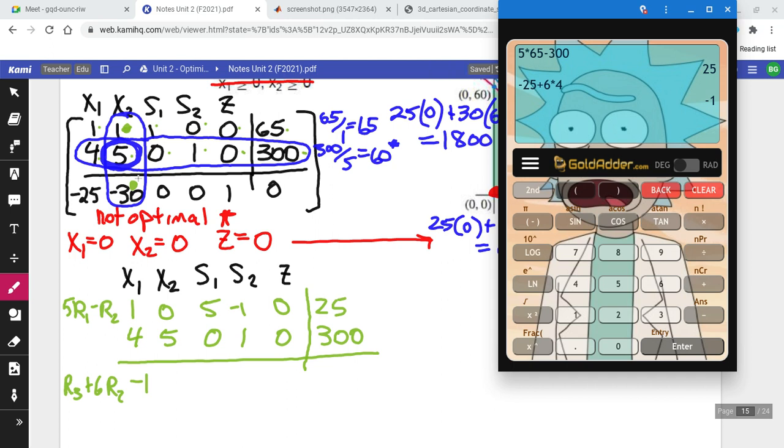And negative 30 plus 6 5s is 0. 0 plus 6 of these is 0. 0 plus 6 of these is going to be 6. 1 plus 6 zeros is 1. And this one, row 3 plus 6 row 2s, that's going to be 0 plus 1800.